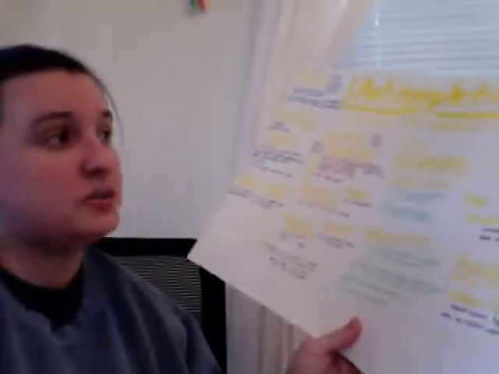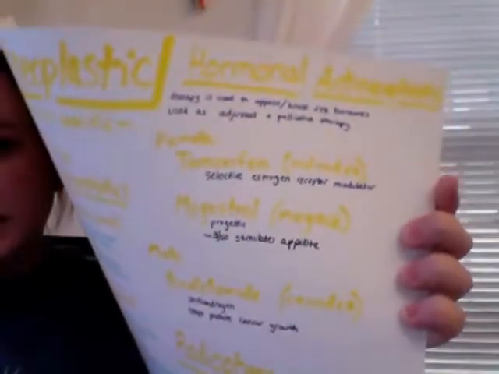That's a nursing implication. Hormonal antineoplastics are divided by female and male. These drugs are used to oppose or block sex hormones, and they're used as adjunctive and palliative therapy. So, for the females, tamoxifen, which is Nolvadex, is a selective estrogen receptor modulator, which is a SERM.